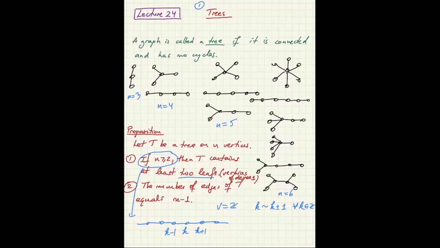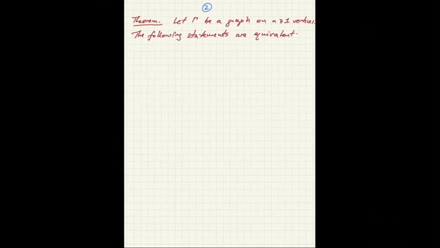Okay. Now, today we'll talk more about other properties of trees, and let's give the following characterization of a tree. So this is a theorem. Let gamma be a graph on n vertices, and the following statements are equivalent. One, gamma is a tree.